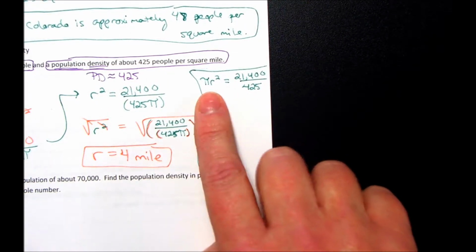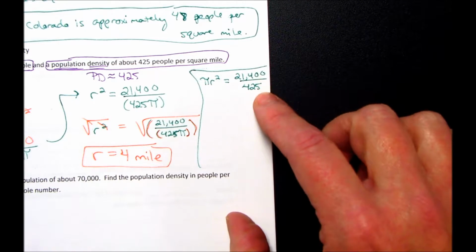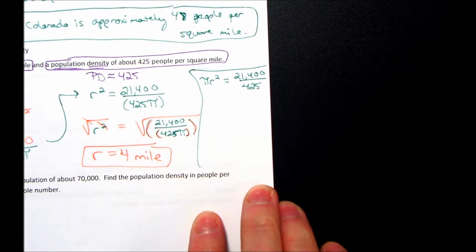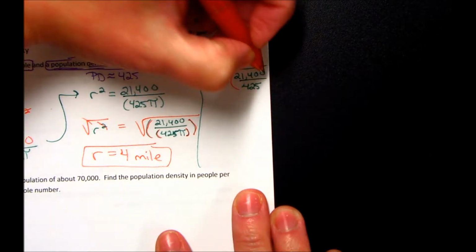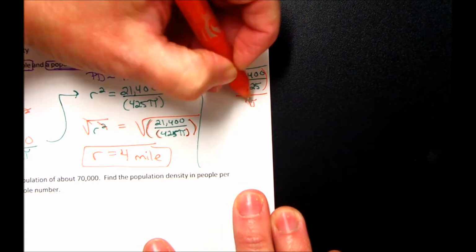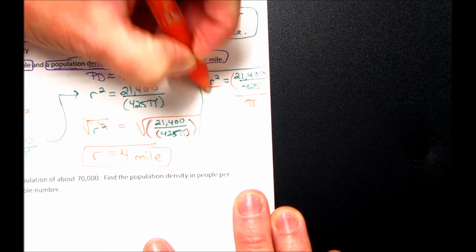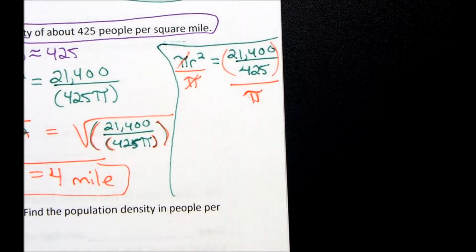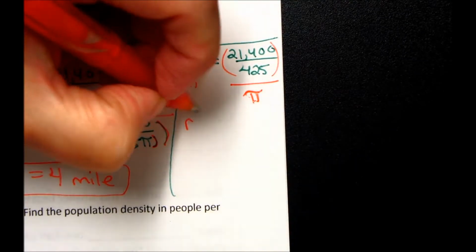So area equals population divided by population density. So to get the r by itself, I would have to take this whole value and divide it by pi. Which would then give me r squared.